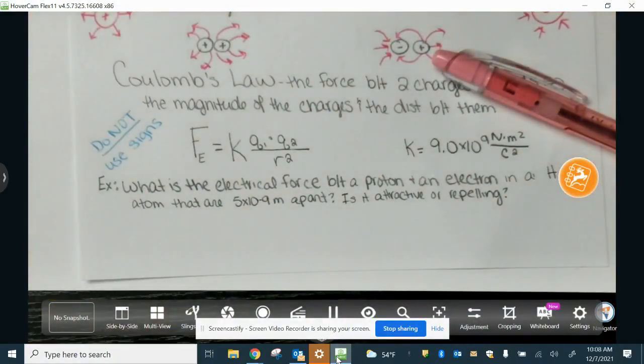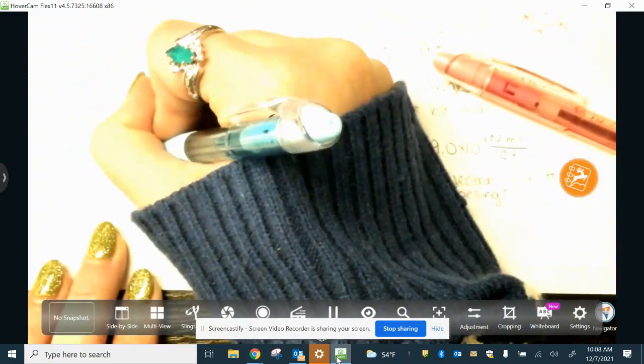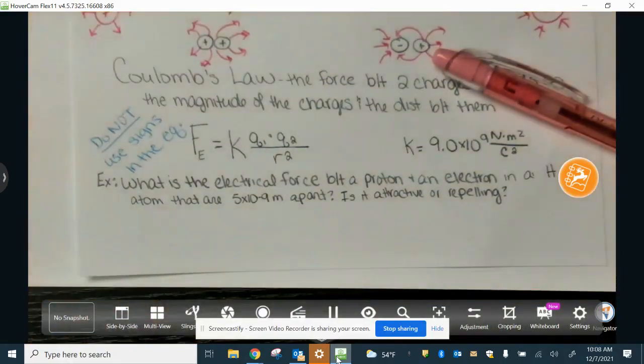Do not use signs in the equation. What do I mean by signs? Negative, positive. As far as this equation is concerned, everything's going to just be positive.